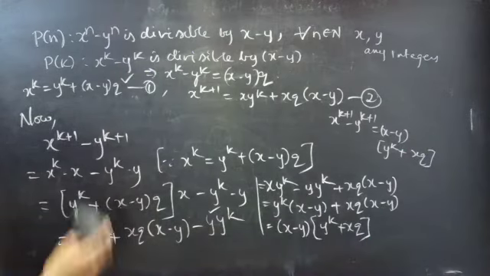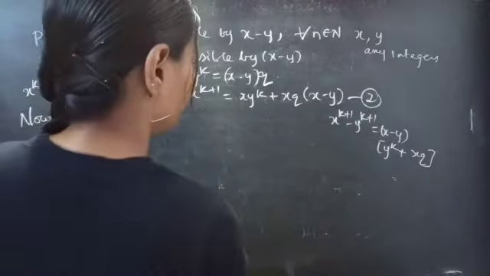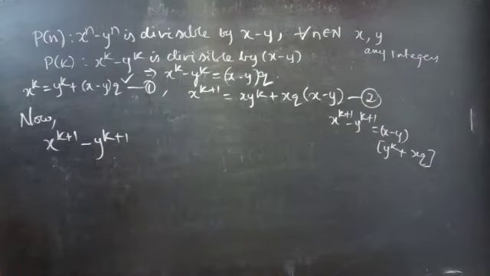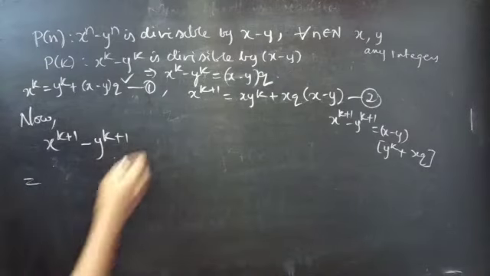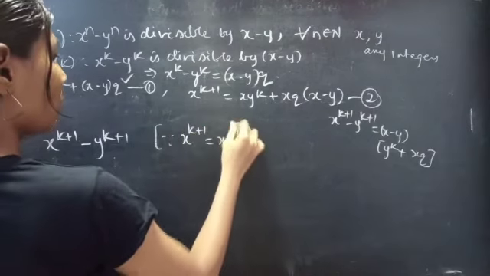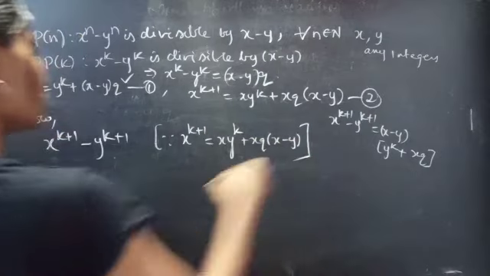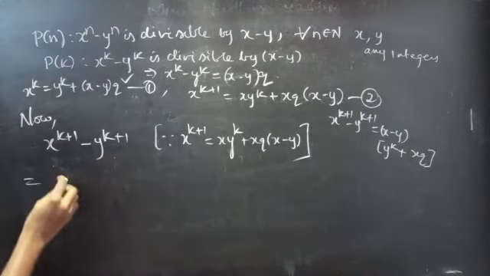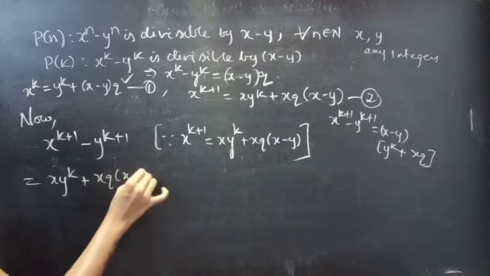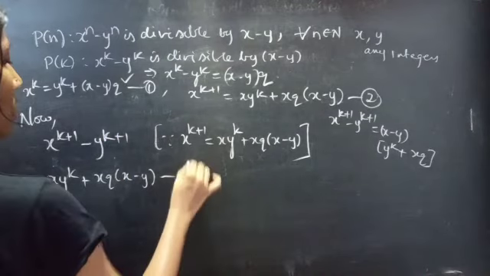Now let's see what we are going to get using the second equation. Since x power k plus 1 equals x into y power k plus x cube into x minus y, replace x power k plus 1 by x into y power k plus x cube into x minus y, minus y power k plus 1, which you can write as y power k into y.